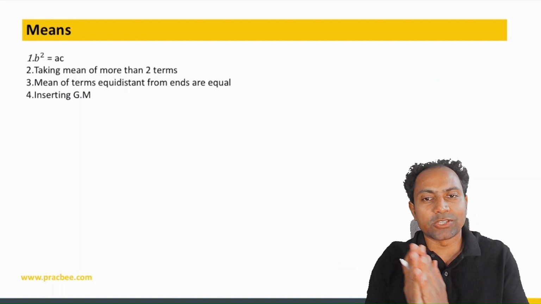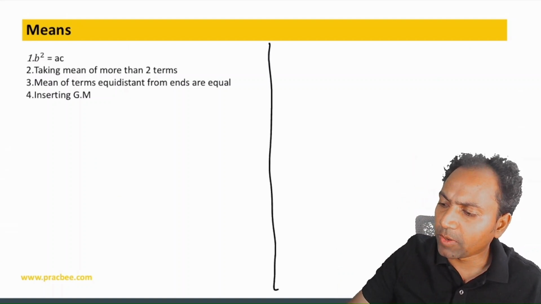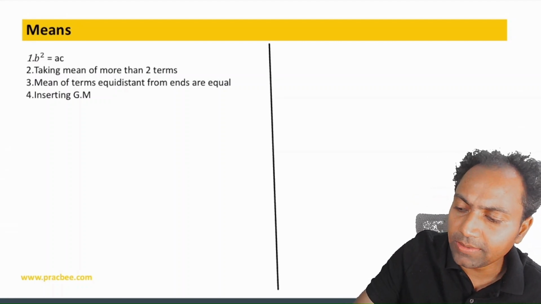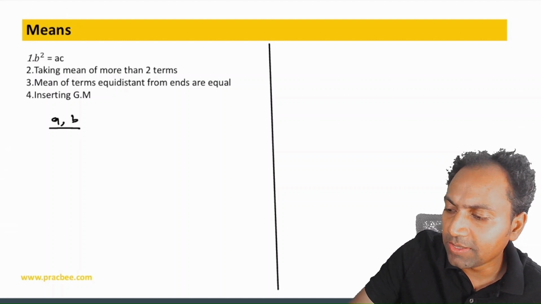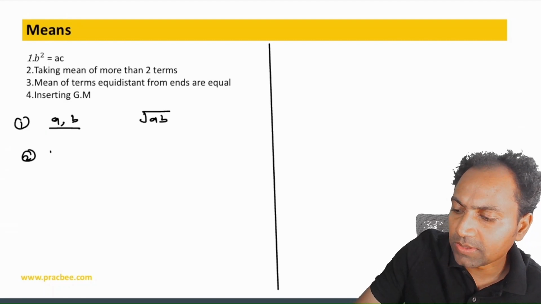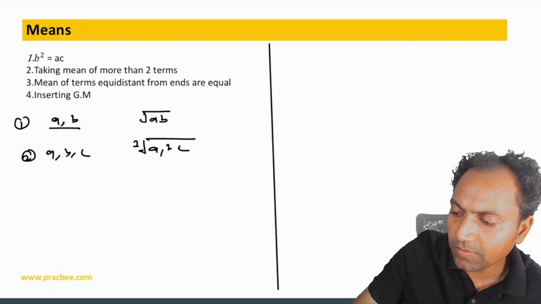Now next is the concept of means. In this concept of means, we divide the property into two parts. The first part is how to take a mean of two terms. If you have two terms A and B, their mean would be nothing but root of AB. If you have three terms like A, B and C, their mean would be A into B into C raised to the power 1 by 3.